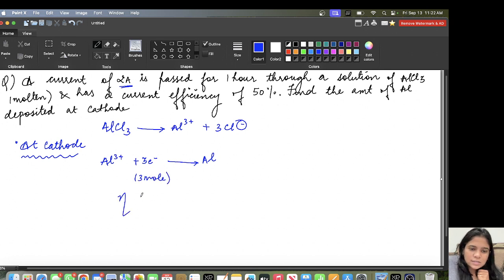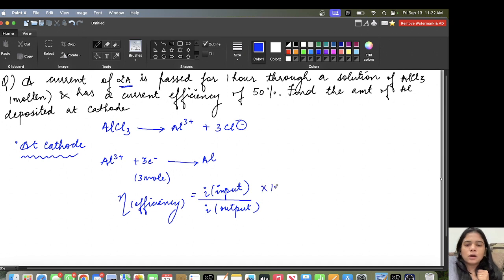What they have given us is the efficiency, eta. This is equal to I output by I input into 100. The efficiency they had given is 50. The I input was 2 ampere, right? 2 ampere was passed.